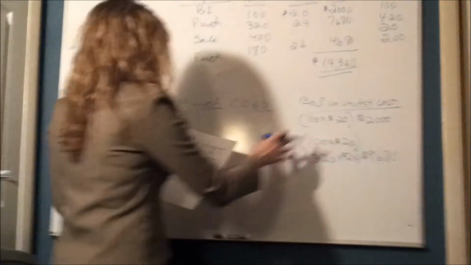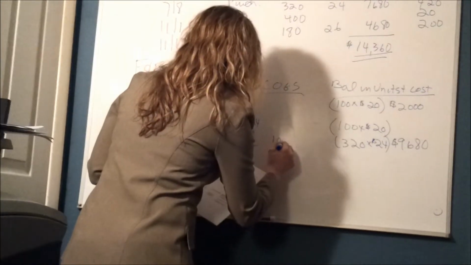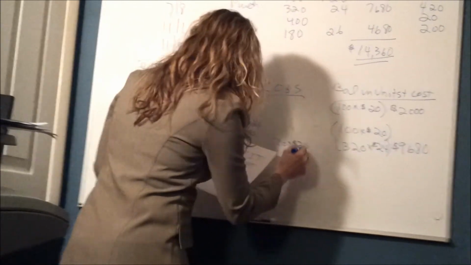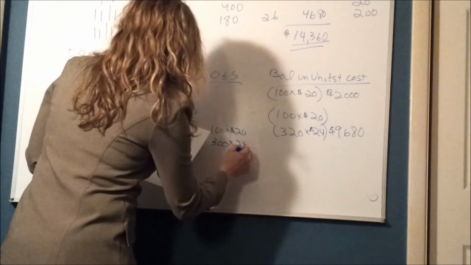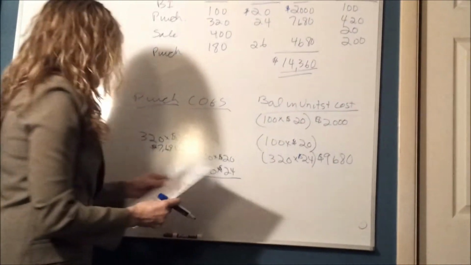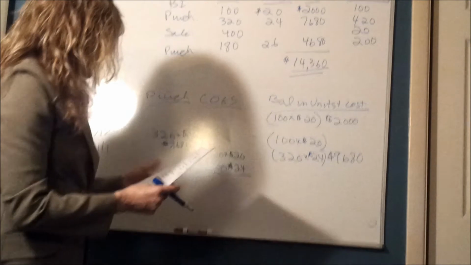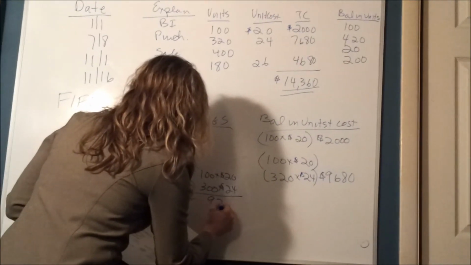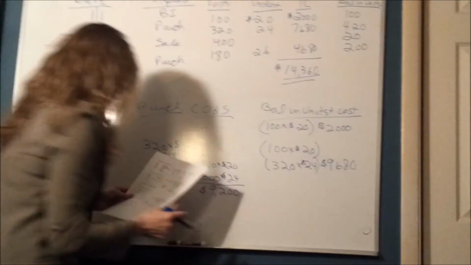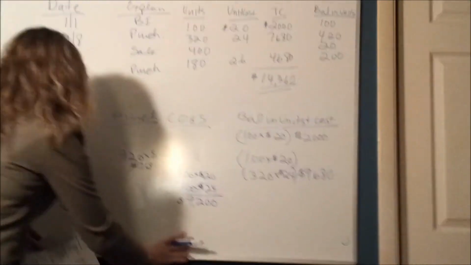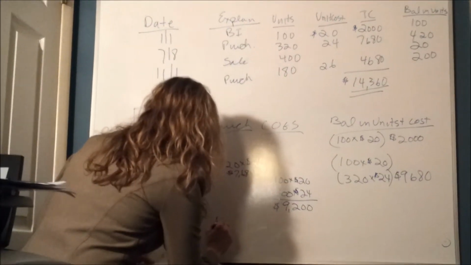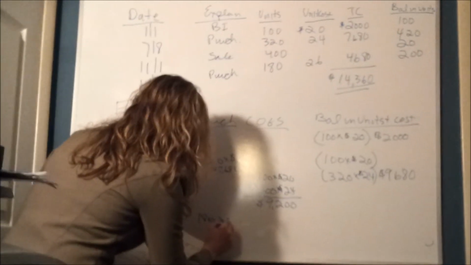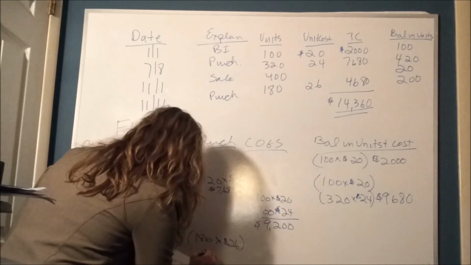So our cost of goods sold is going to be the 100 items at $20, and it is going to be 300 items at $24. So the total for these two items is $9,200. We then go on November 16th to making another purchase of 180 items at $26 for a total cost of $4,680.